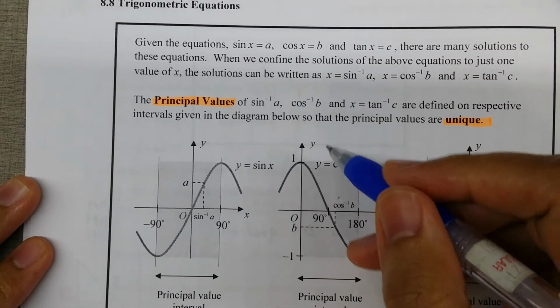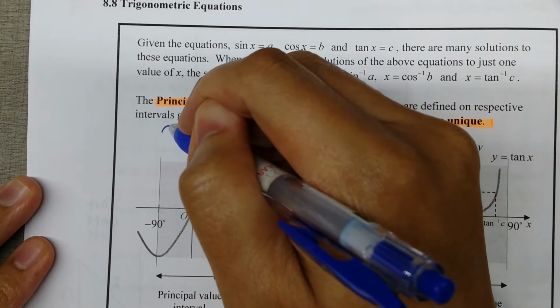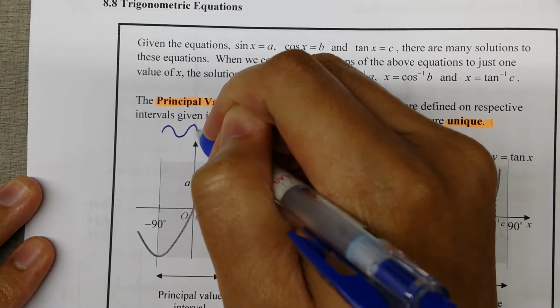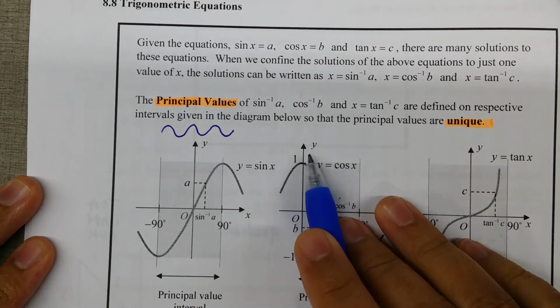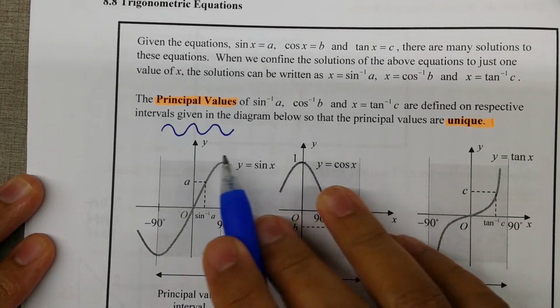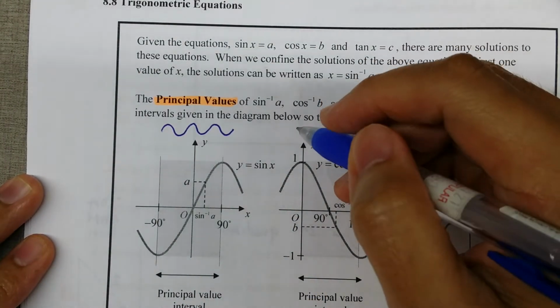For the sine graph, let me just draw a rough sketch. The shape will be like that. What about the cosine graph? The shape of the cosine graph is exactly the same, just that it starts at the highest point.